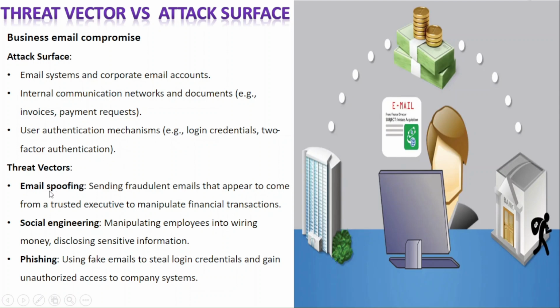And threat vectors include, again, email spoofing, sending fraudulent emails that appear to come from a trusted executive to manipulate financial transactions; social engineering, that is manipulating employees into wiring money or disclosing sensitive information; and phishing, using fake emails to steal login credentials and gain unauthorized access to company systems.